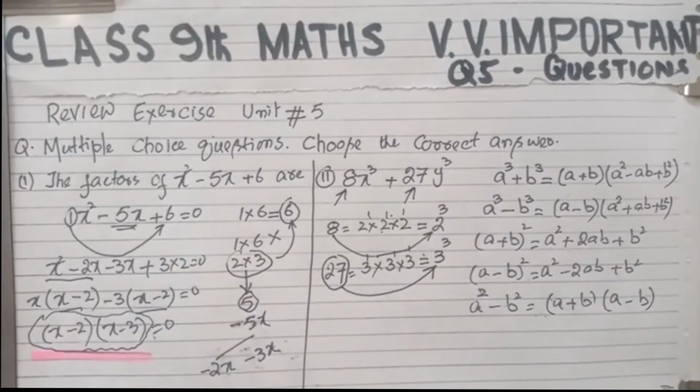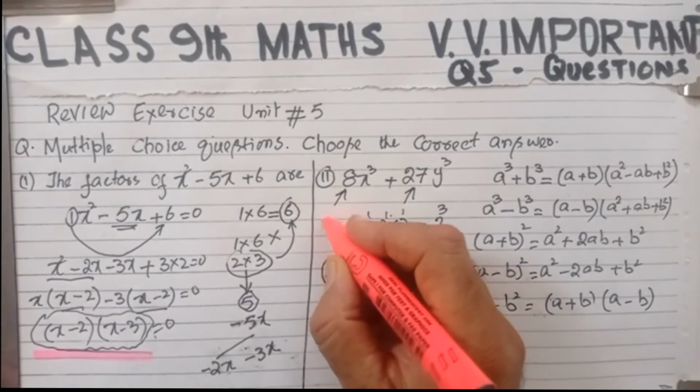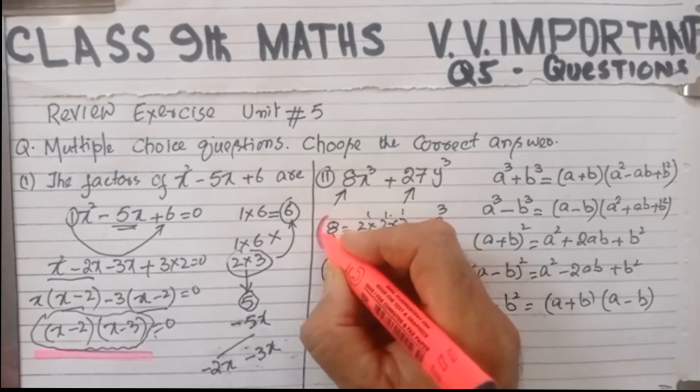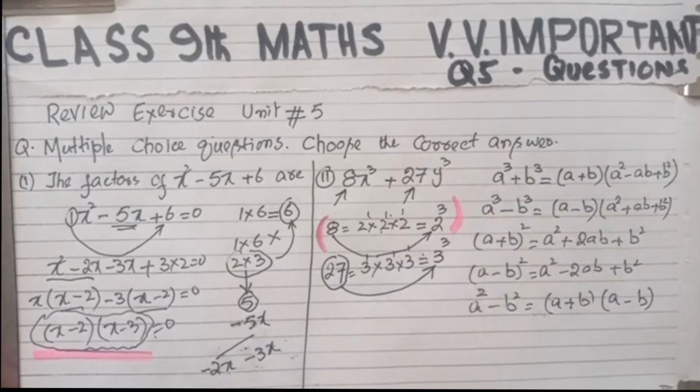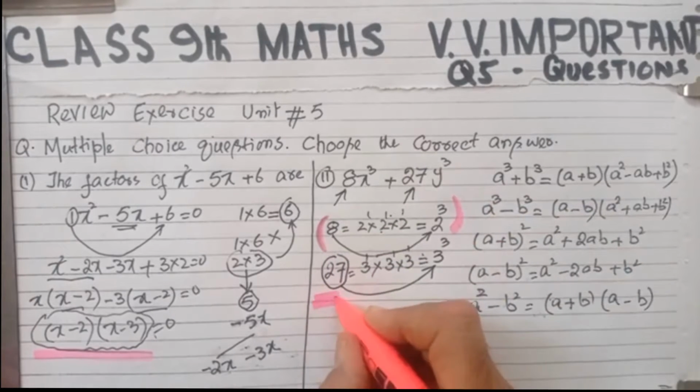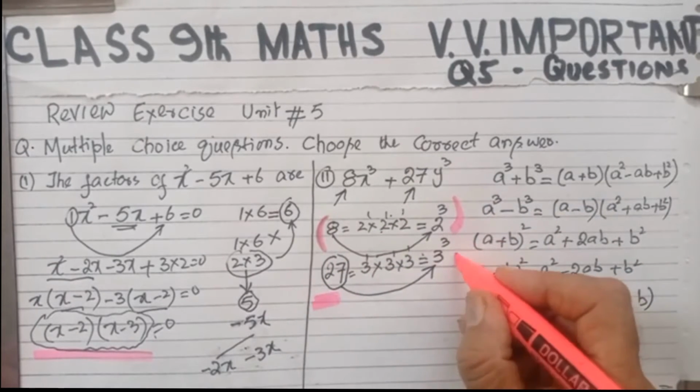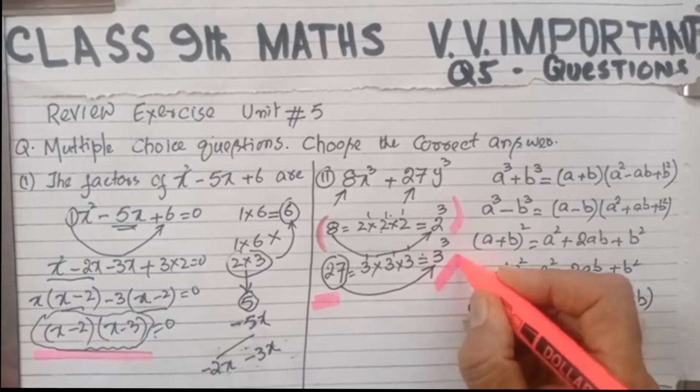Please pay attention. My humble request is that you please pay attention. So instead of 8, I will write 2 cube, and instead of 27, I will write 3 cube.